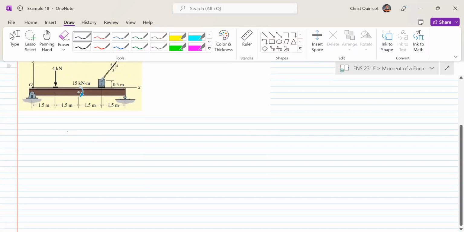Okay, so the y component, F sub Ry, is equal to the sum of all forces in the y direction, assuming upward positive.